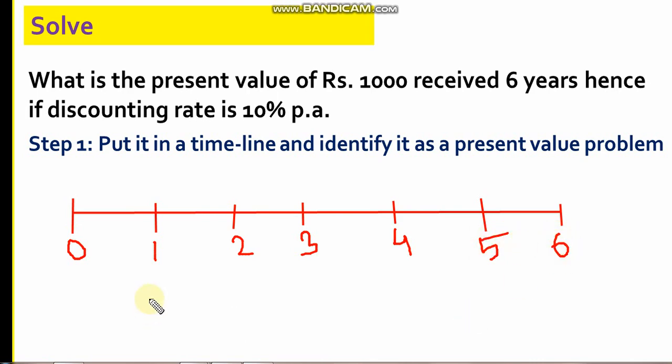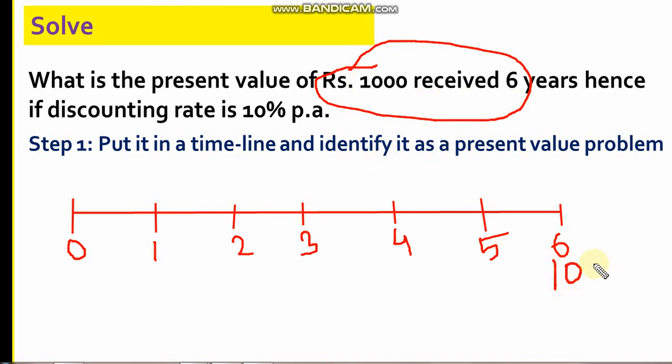The moment we draw a timeline, then we have to put in the numbers. What is the present value of 1,000 rupees 6 years hence? That means this 1,000 rupees is standing here. I have to calculate the present value of this 1,000 rupees. That means this 1,000 rupees is in future, so that is why it is termed future value.